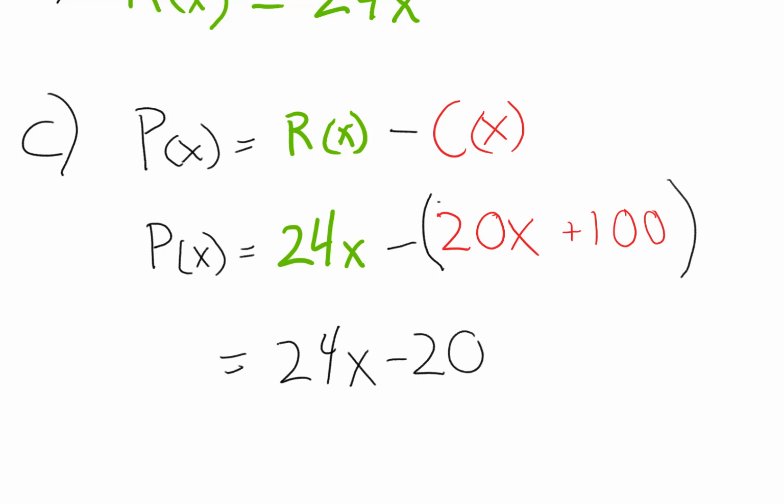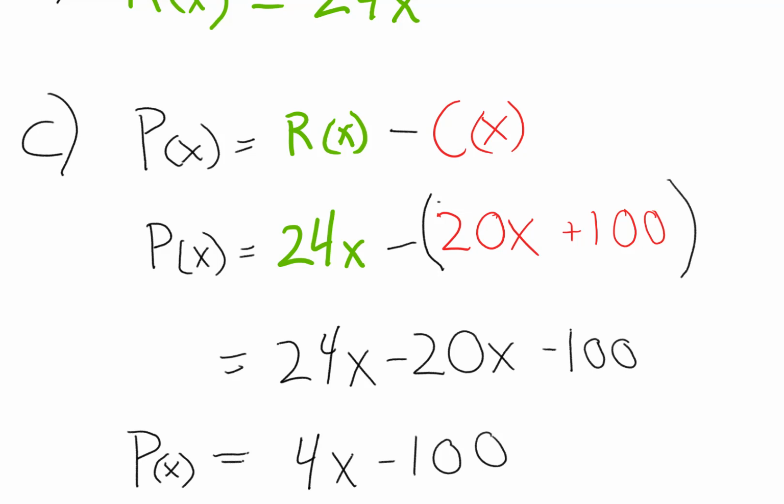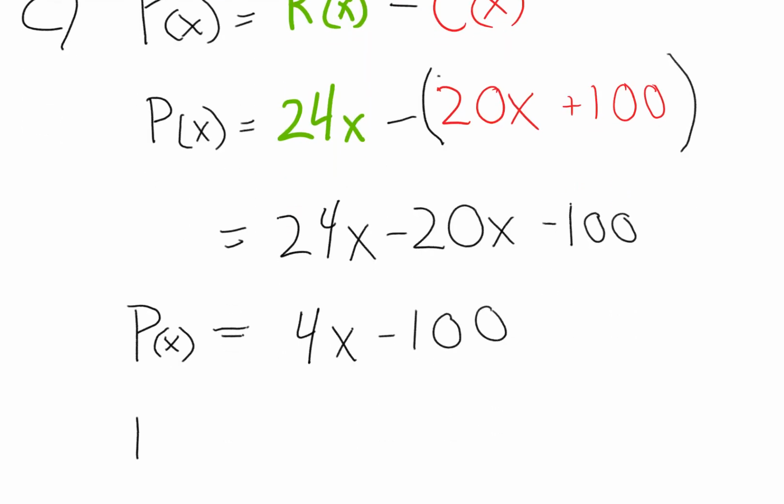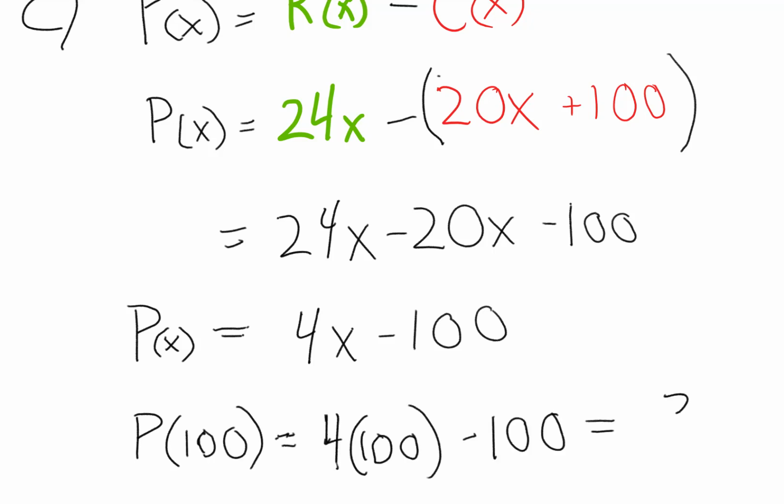So distribute that minus sign to both terms in the parentheses. And this gives us a profit function of 4x minus 100. We are asked to find the profit from selling 100 units. So let's plug 100 into this, right? That's my input, and then I want to look at what is my output. And it looks like we'll make a profit of $300 from the sale of 100 units of feed.